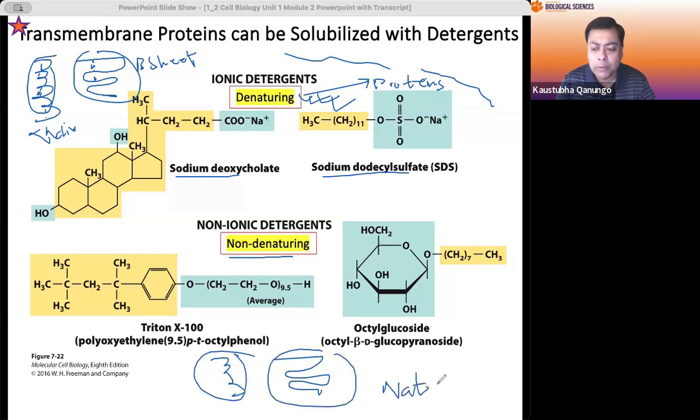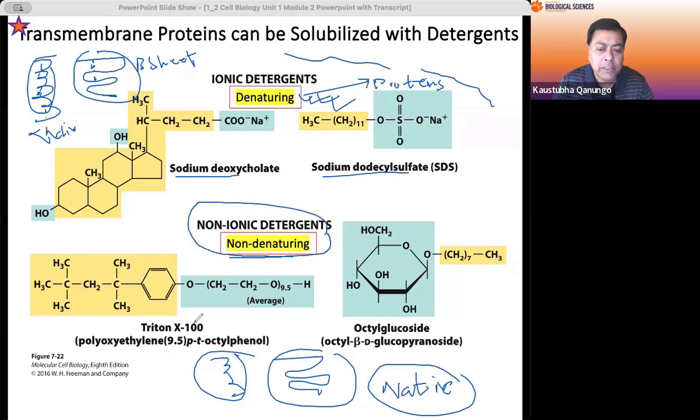For example, if you have a membrane protein which is an enzyme, and you want the enzyme activity to be intact so that after isolation the protein is absolutely functional, then you will use a non-denaturing or non-ionic detergent for functional proteins. Remember that, functional proteins, which will retain their original structure.